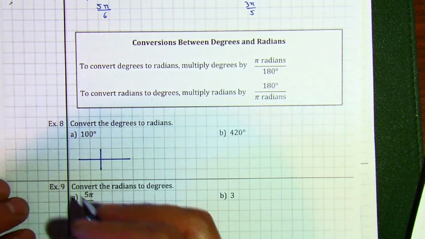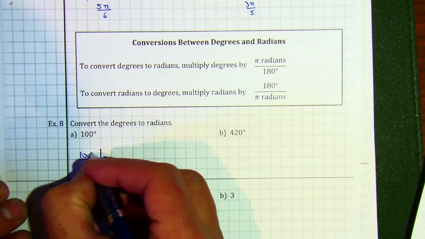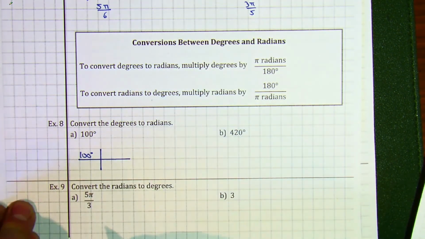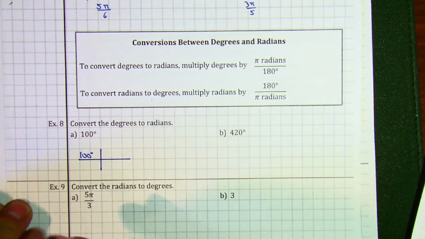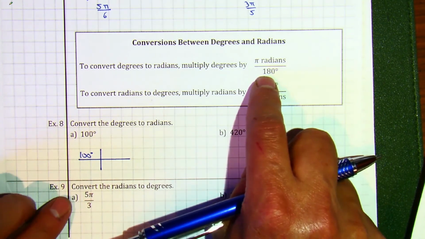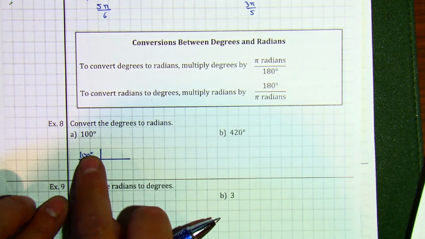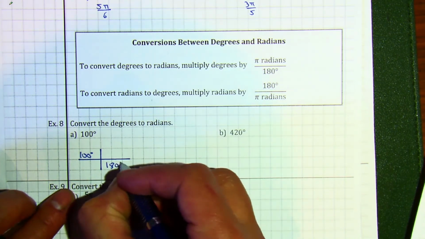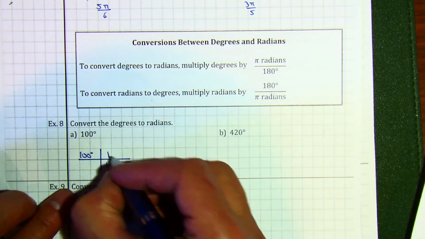I need to change 100 degrees into radians. So therefore, I need to find a conversion. The conversion unit that we're going to use is that we know that pi radians is equal to 180 degrees. My degrees are on top, so therefore I'm going to place my degrees on my denominator. And 180 degrees is equal to pi radians.